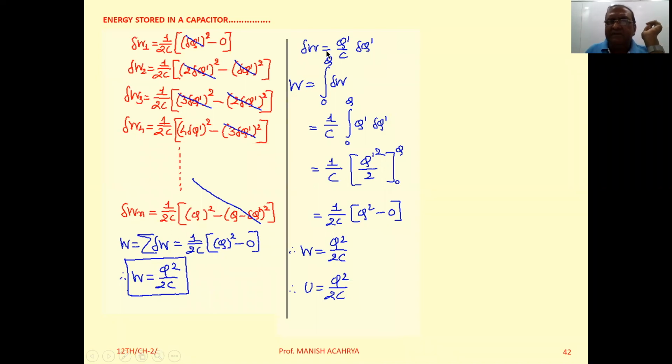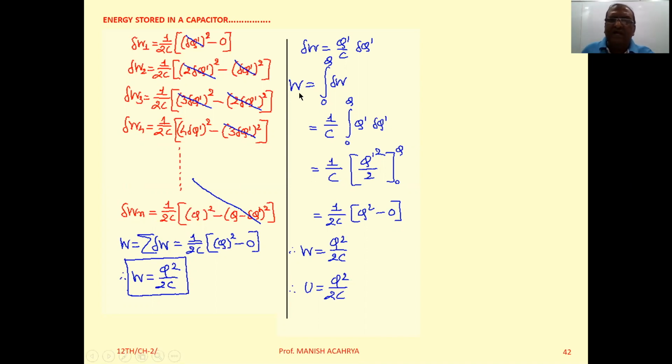That is delta W equal to Q dash by C into delta Q dash, where Q dash is the charge on the capacitor at that instant. In this way delta Q dash, delta Q dash, delta Q dash are transferred from one plate to another plate, and the capacitor is charged from 0 coulomb to Q coulomb.